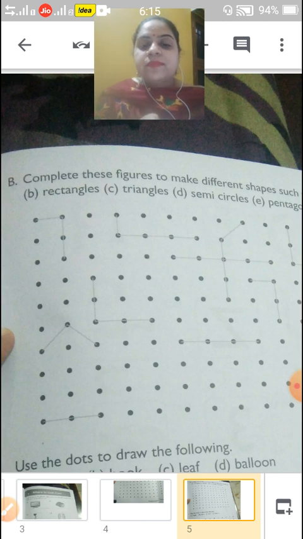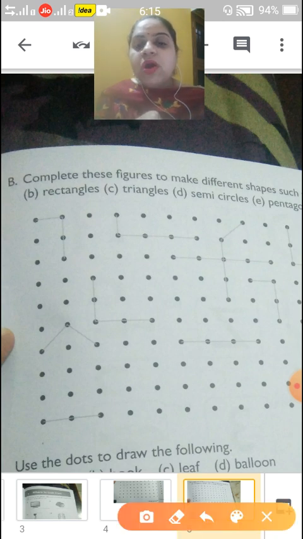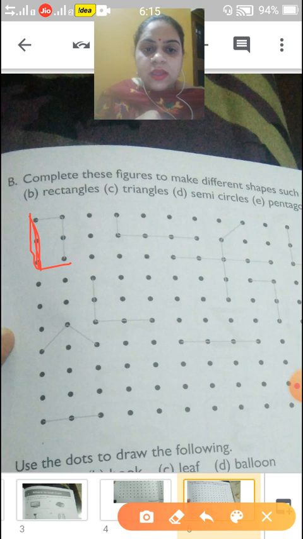So children, you can draw a square here by joining these dots. You can draw a rectangle by joining these dots. You can draw a pentagon by joining these dots. What is a pentagon?